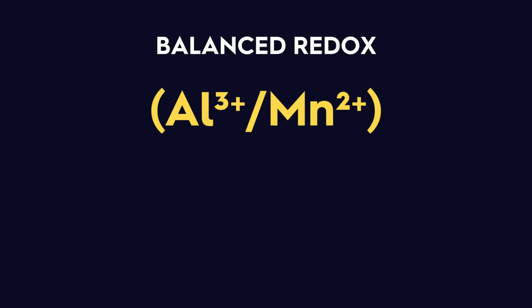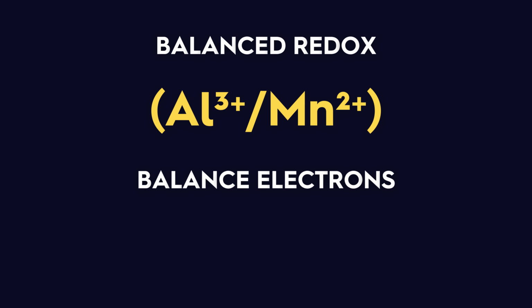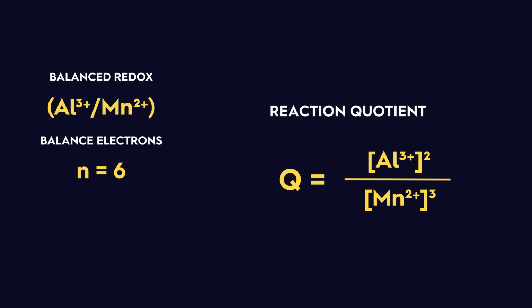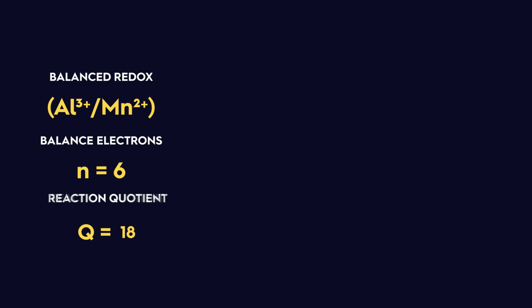Let's extend beyond concentration cells. Balance electrons. n equals 6. Set up the reaction quotient. Q equals the aluminum 3 plus concentration squared, divided by the manganese 2 plus concentration cubed. Insert values. 1.5 squared over 0.50 cubed equals 18.